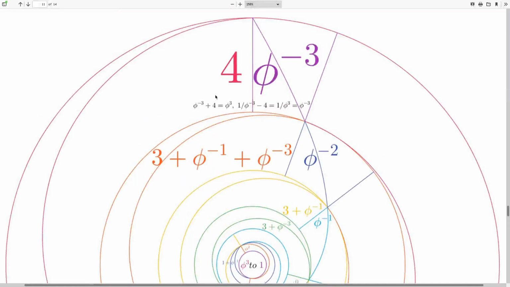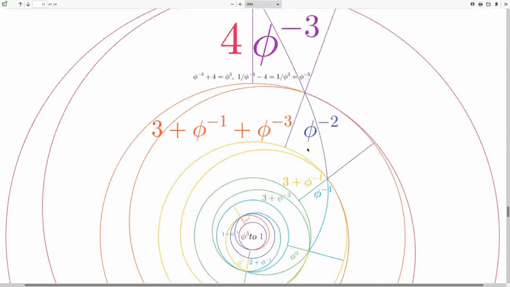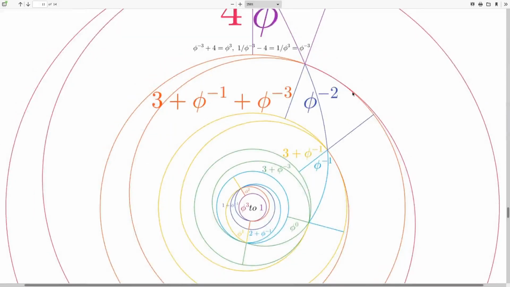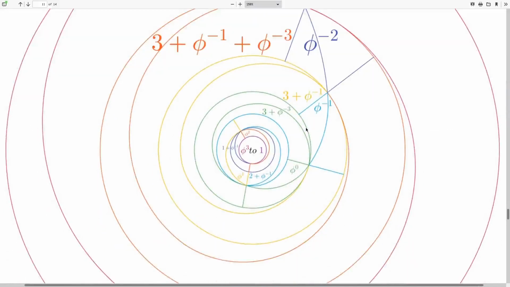And so 4 plus 5 to the power of -3 is 4.23606, 4.23606. So all of these are equal to 1 revolution angular wise.